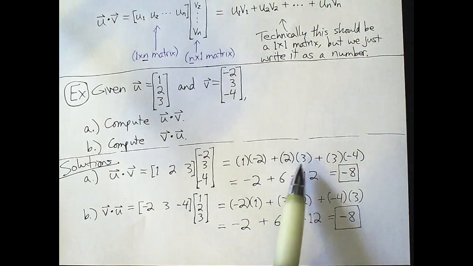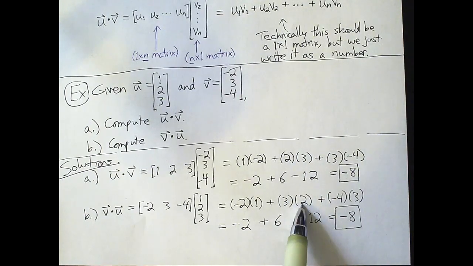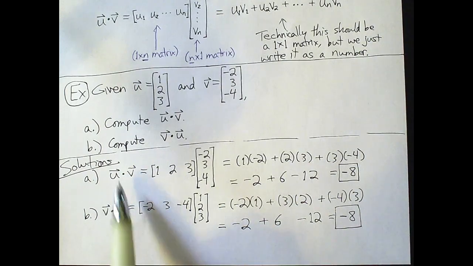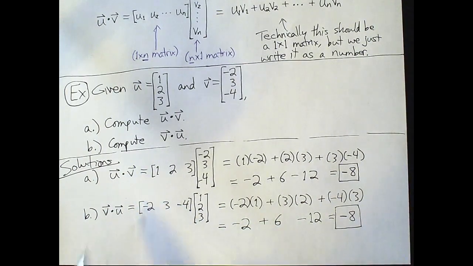But we know that when you multiply two real numbers, that kind of multiplication is commutative. 2 times 3 is the same as 3 times 2. So yeah, it does seem like these were guaranteed to get us the same result. So we have a theorem that's going to formalize this.